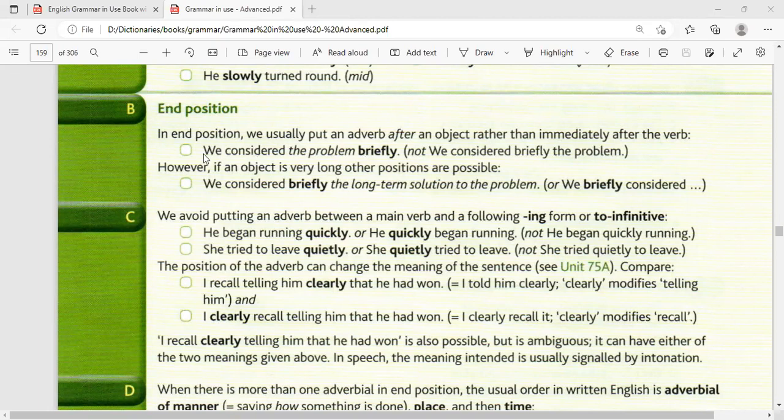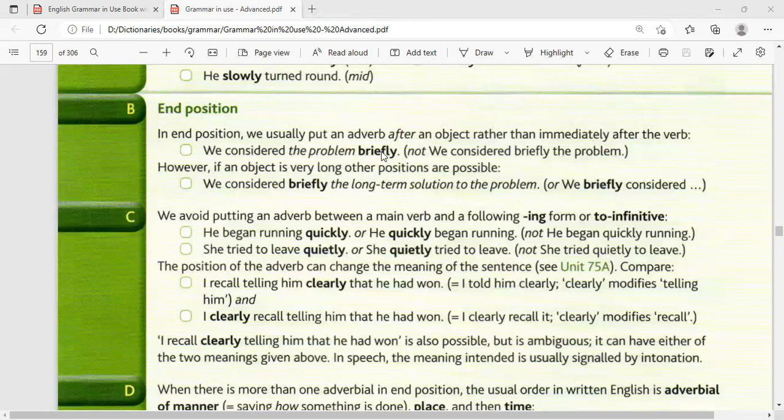Where is the subject in this sentence, Hannah? At the beginning, yeah, we. The verb, considered. So the verb is here, considered. And the problem, it's an object.